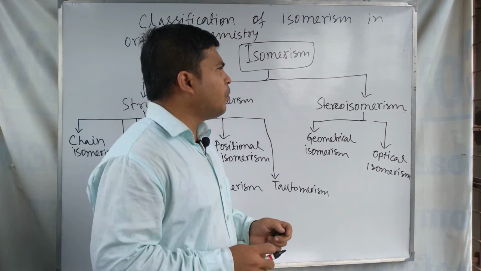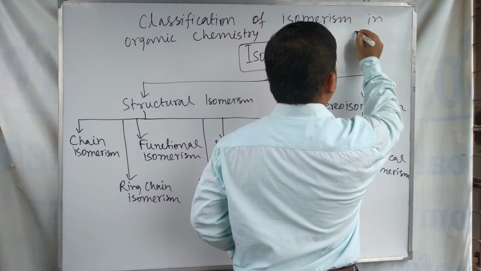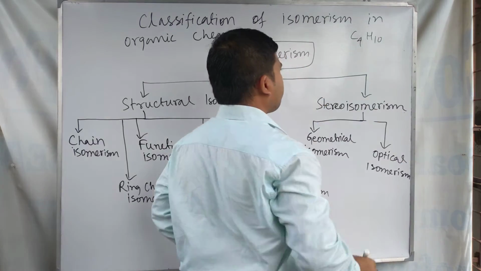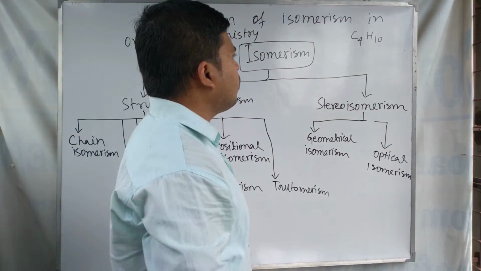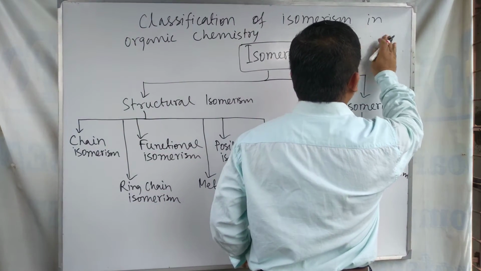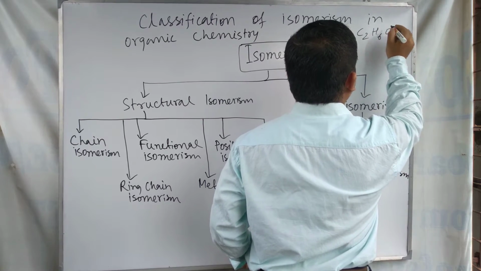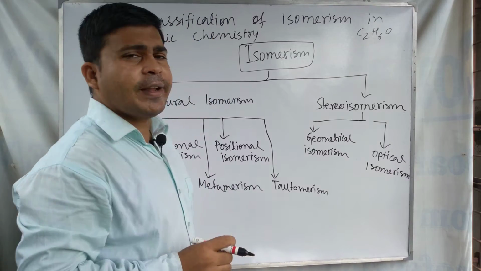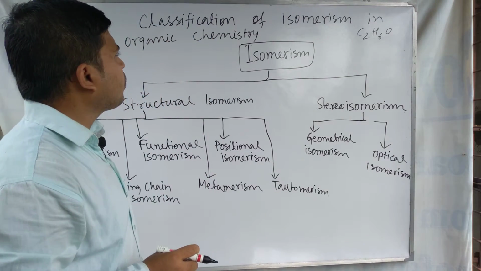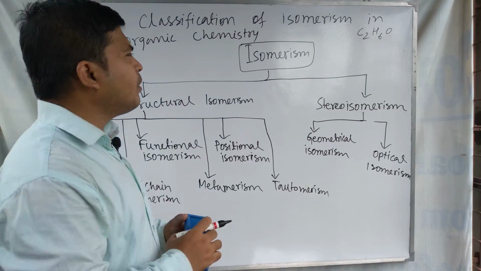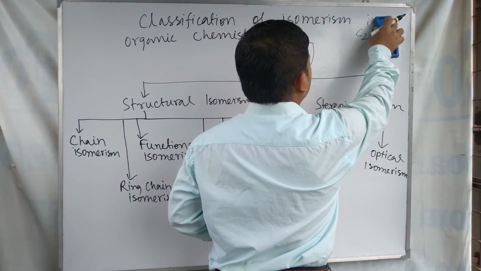For example, suppose we take the molecular formula C4H10, or you can take another short example, C2H6O. Using this molecular formula, we can represent two types of compound.